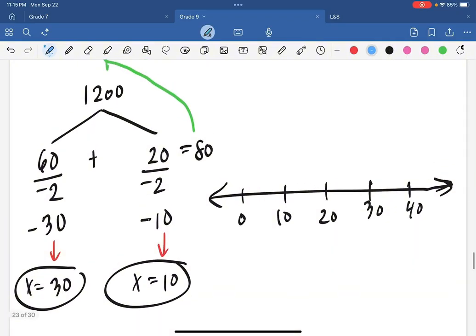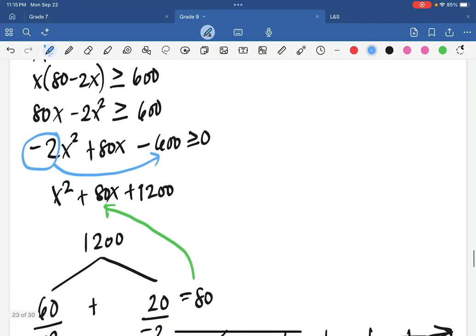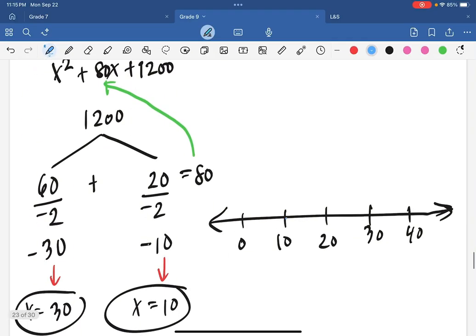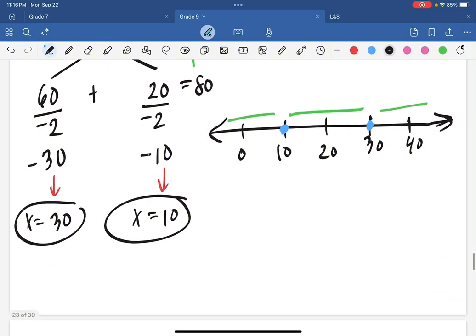Since this is a greater than or equal to symbol, we need to include 10 and 30 despite being our critical values. This time, let's check whether the values in between them, or the values after or before, would satisfy, so that we can get the interval notation and inequality form.